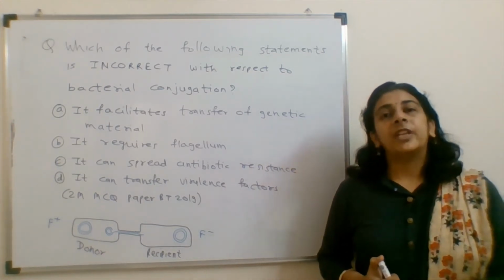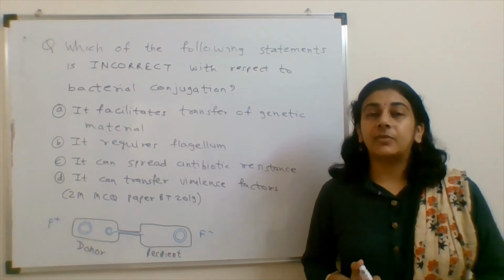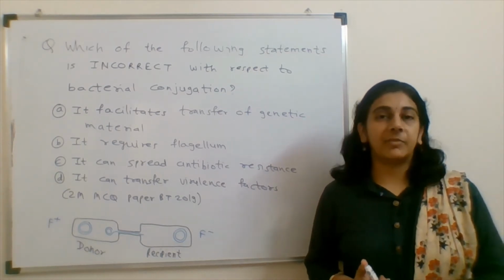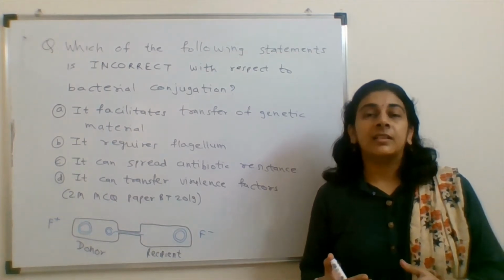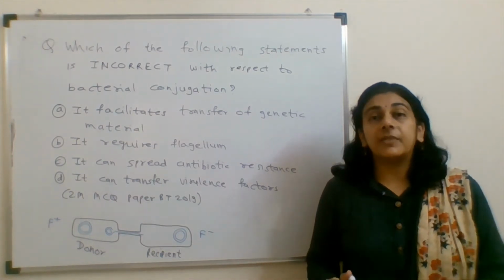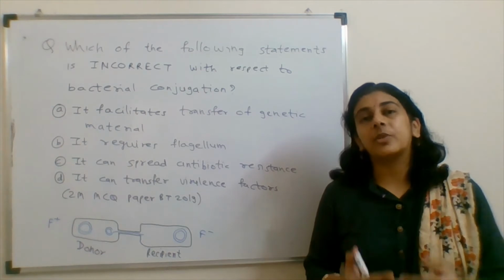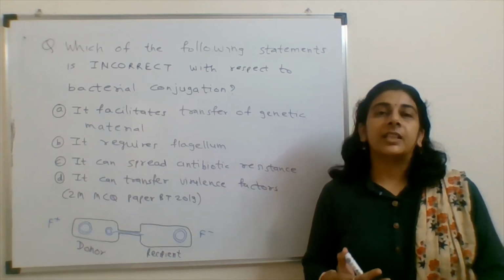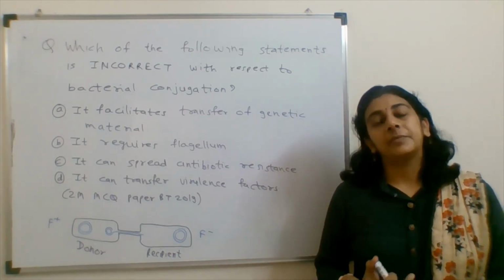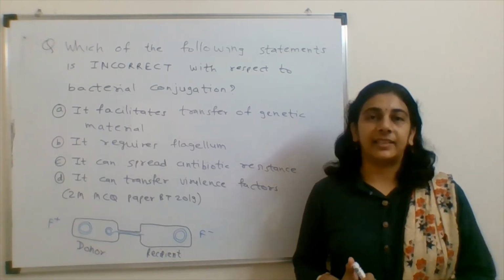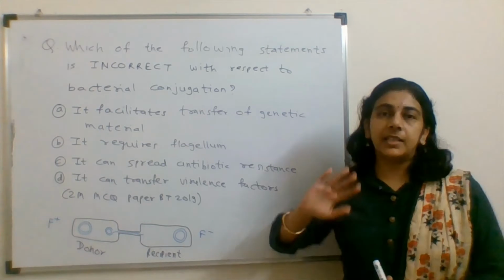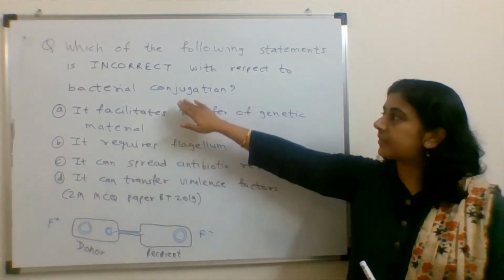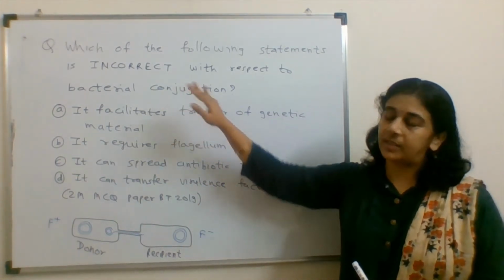We have solved one question related to flagellum from the IIT JAM examination. In that question, they were asking the classification of bacteria according to the position of flagella, whether the bacteria is monotrichous or amphitrichous, like that. So here there is no role of flagellum in reference to bacterial conjugation.